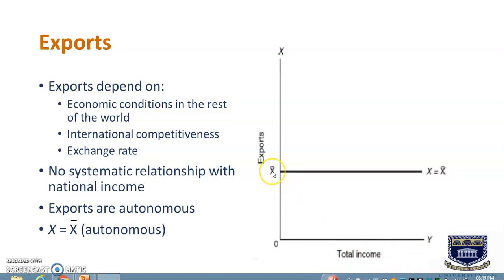Exports is autonomous, hence the X for exports has a bar on top, and we draw it as a horizontal line. So X is equal to X bar. The fact that it is a horizontal line tells us that it does not matter what the level of total income is in the economy, exports would be independent of that.